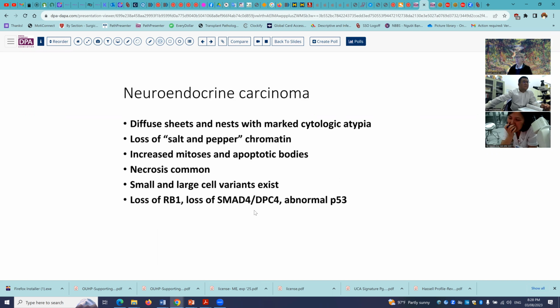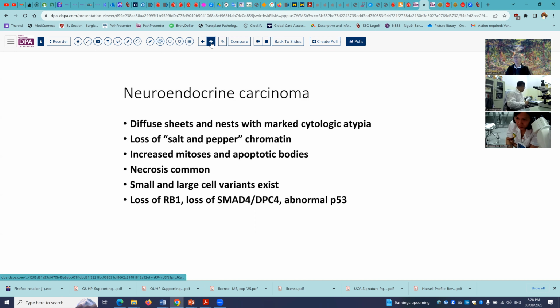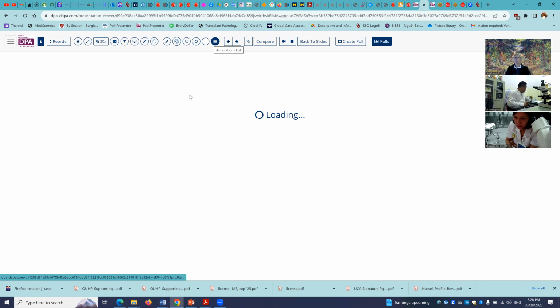They'll also have SMAD4 or DPC4 loss as well. I've never used that marker. And they tend to be much more likely to have an abnormal phenotype for P53. So in other words, they tend to be P53 mutated in some format or another, which may be useful to you in some cases. So here's a couple of examples.